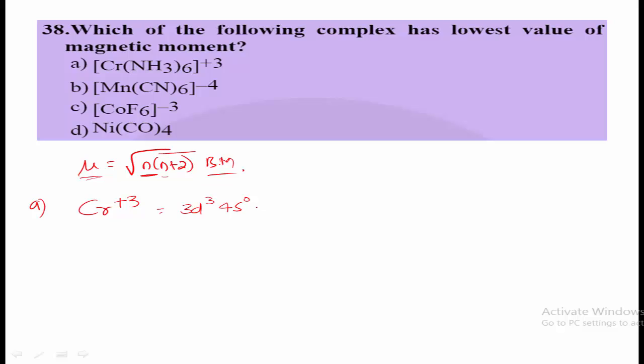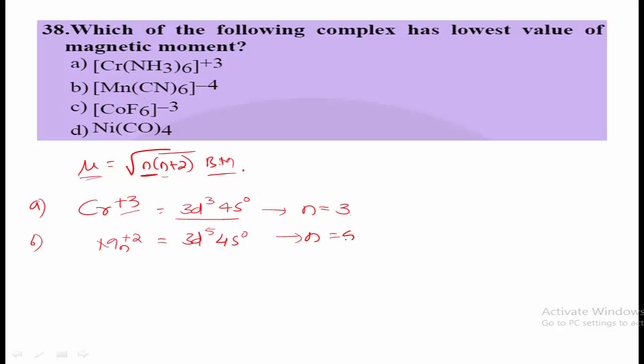Just go through the atomic number; there you can observe the electronic configuration of chromium, and here plus 3 means it has lost 3 electrons. So remove the 3 electrons, you will get 3d3 4s0. Therefore the number of unpaired electrons will be 3. In option B, Mn. What is the oxidation state of Mn here? Mn plus 2. Now write the electronic configuration 3d5 4s0.